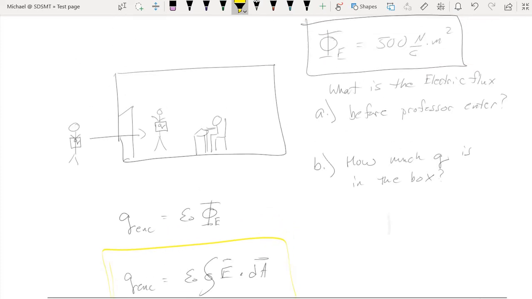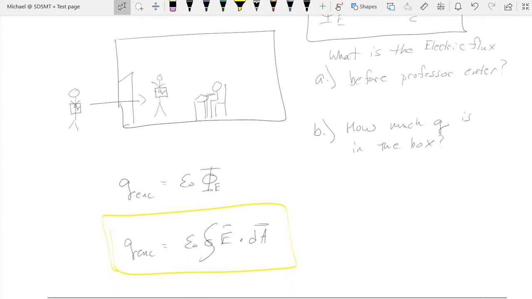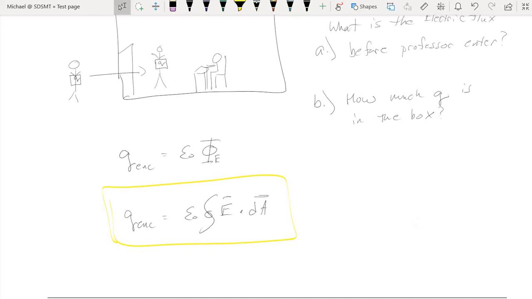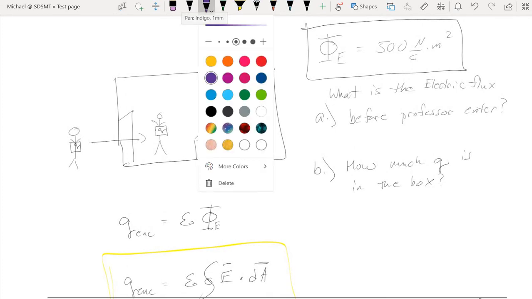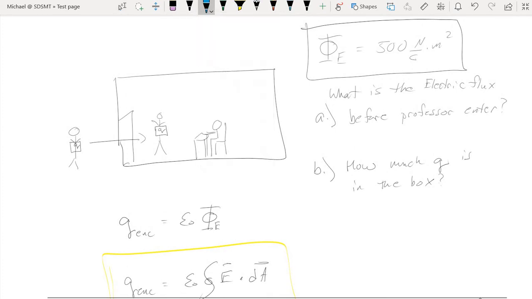That classroom has ceiling, wall, floor with dimensions and area that electric fields from the charge can pass through. And I agree. This charge, let's say it's positive charge, is going to send electric field lines out in all directions.